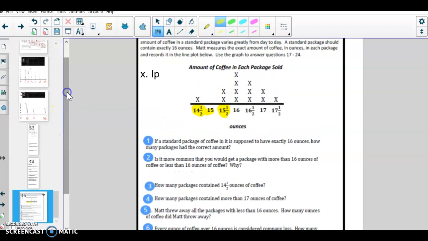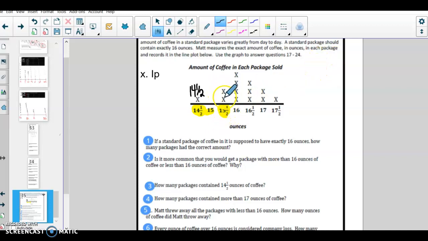So if I look at this, I know this is 14.5 ounces for this package. But there's two packages that each weigh 15.5 ounces. So I've got to find the total amount of ounces for these packages.